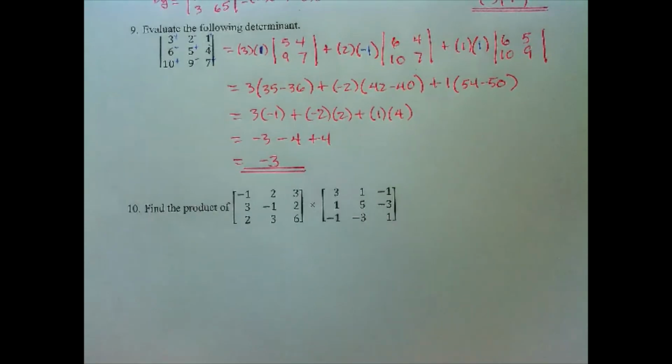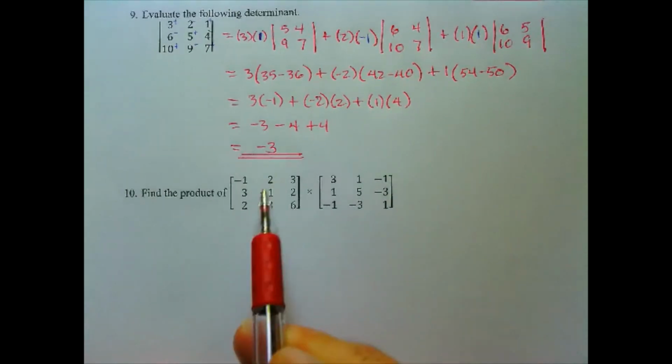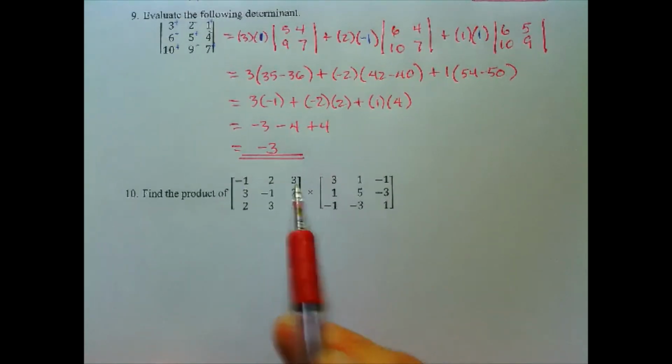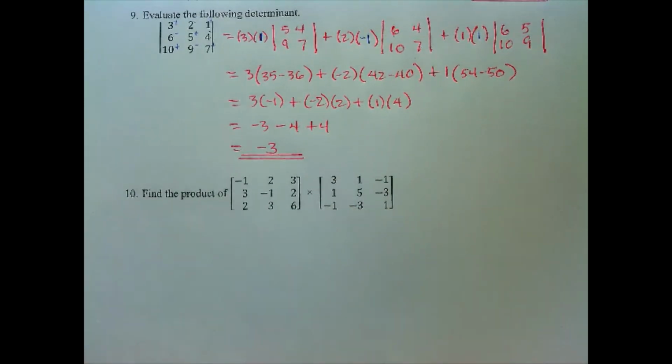Alright, the last problem we're going to do for the first part, we want to find the product multiplying two matrices. The basic idea is you take the elements in a row, you multiply by the elements in a column, and that gives you the first element of your product.